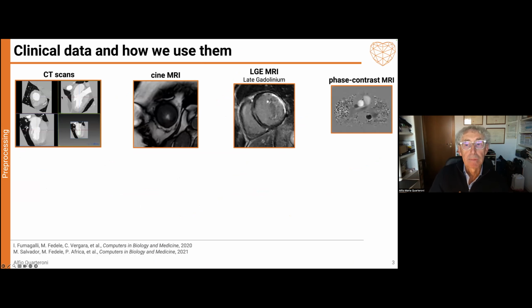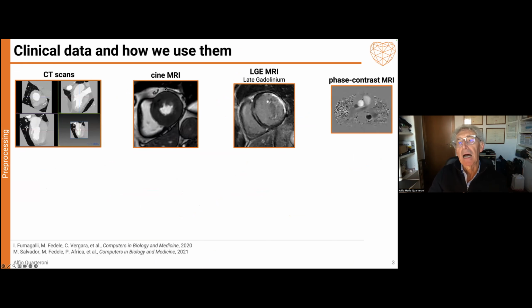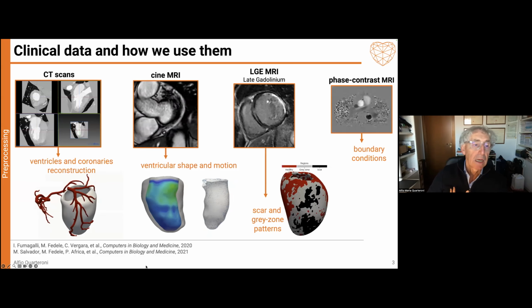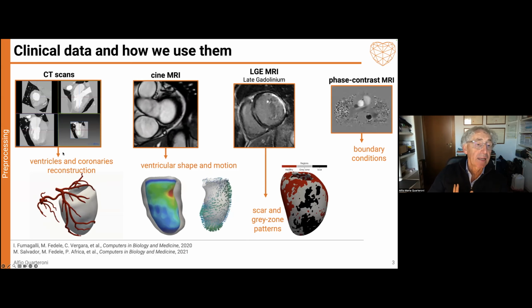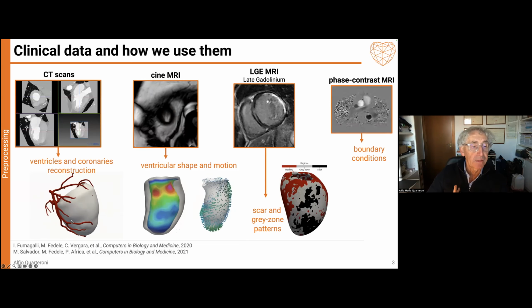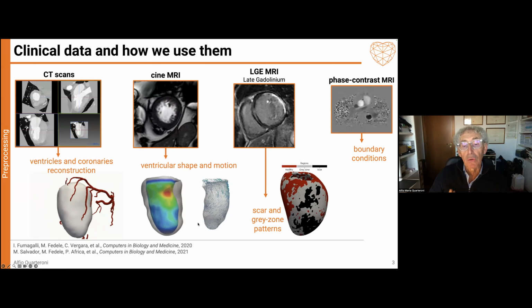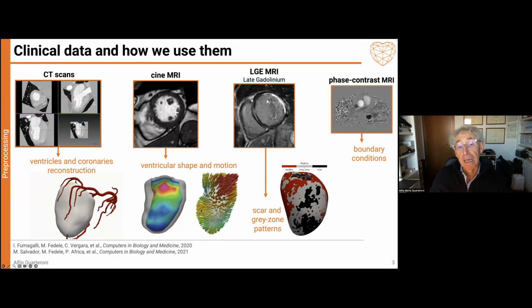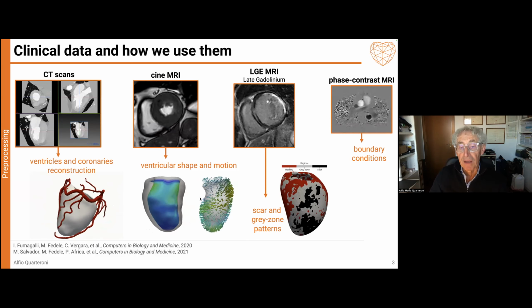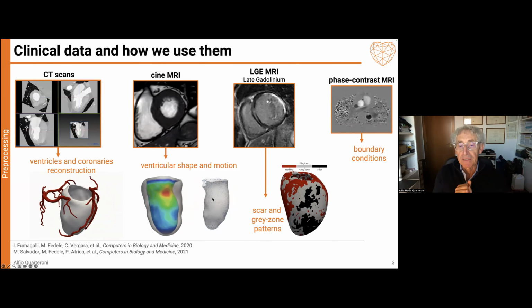So we use virtually any kind of data available, going from computer tomography to cine MRI, magnetic resonance, late gadolinium MRI, and phase contrast MRI. And we use them for multiple purposes. We use a CT scan to reconstruct the shape of ventricles or a coronary, say. We use cine MRI to find, in some cases, the motion, for instance, of the ventricle, the external motion of the ventricle.